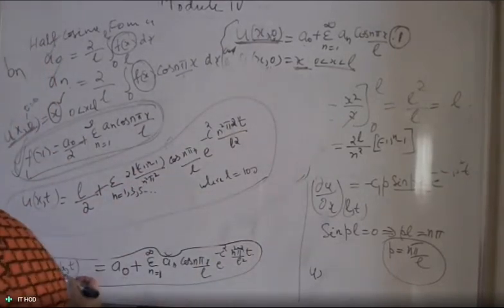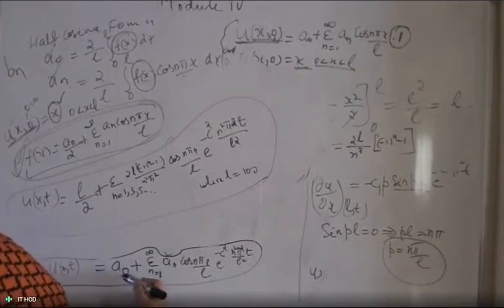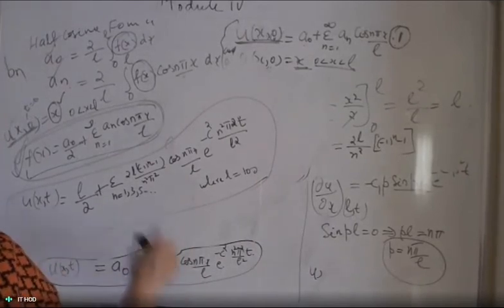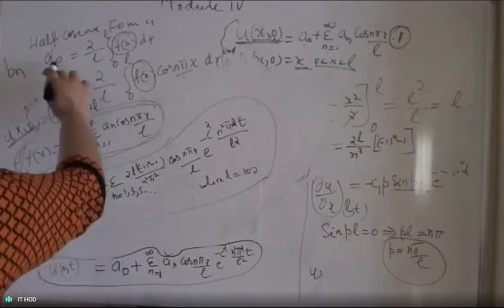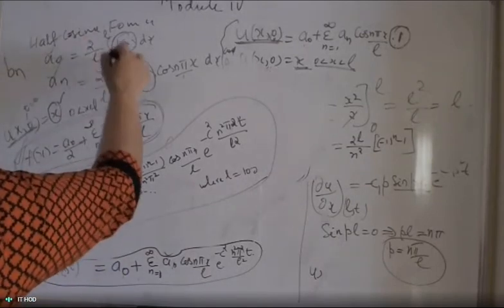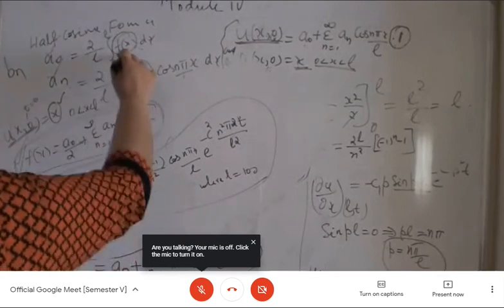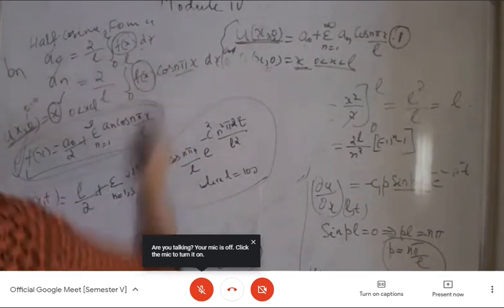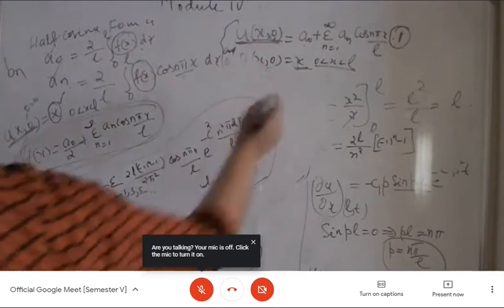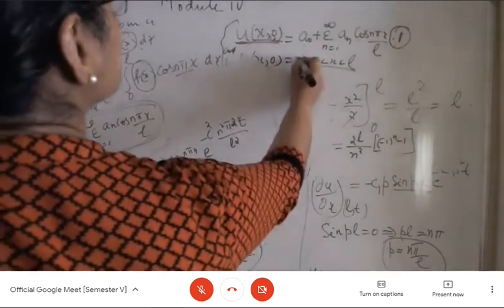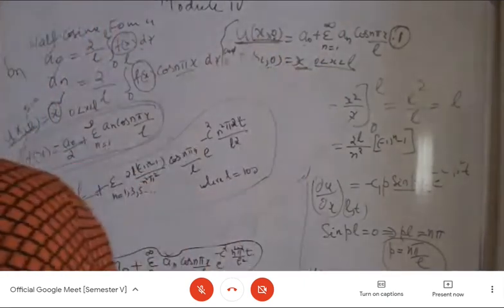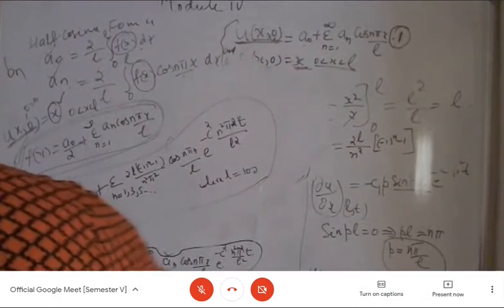Okay, so once you got this form, you have to find A0 and An using the half range Fourier series. The formula is A0 equal to 2 by L integral 0 to L f of x dx, and An is equal to 2 by L integral 0 to L f of x cos n pi x by L. In order to use that condition, that is f of x is equal to x, you have to make this at t equal to 0.